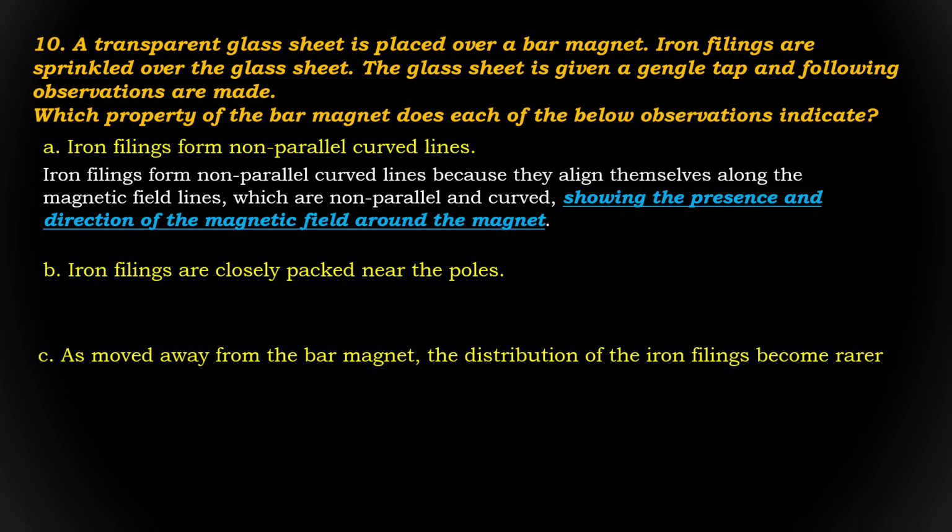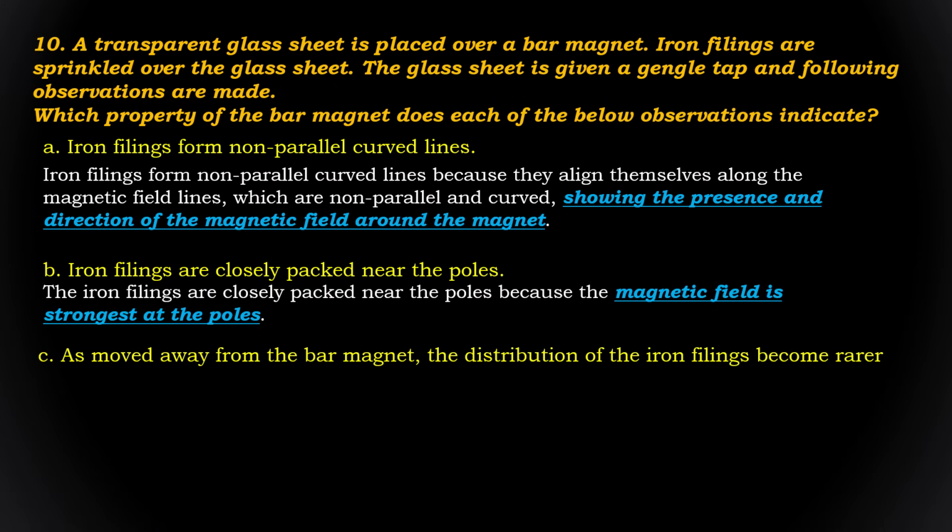So it is because they align themselves along the magnetic field lines which are non-parallel and curved. It means it's showing the presence and direction of the magnetic field around the magnet. So this is about a magnetic field around the magnet giving rise to iron filings forming non-parallel curved lines. Coming to B, iron filings are closely packed near the poles because the magnetic field is strongest at the poles.